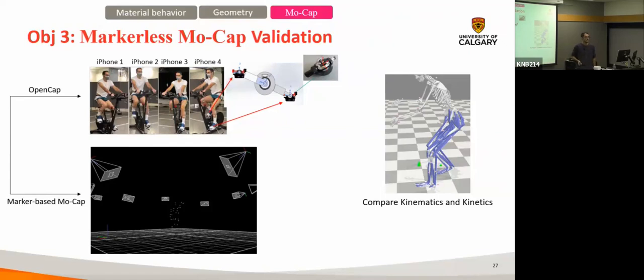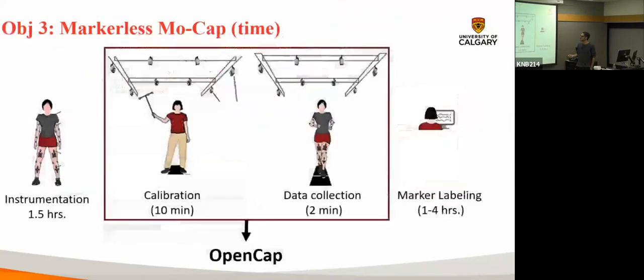So what model are you using? A full body model for OpenSim. Is it a full body model or just lower extremity? I think it's full body. Yeah, it's full body. And does it consider the knee as a hinge joint? I think you showed a picture and the knee was a hinge, or do you think it models it as a 3D joint?